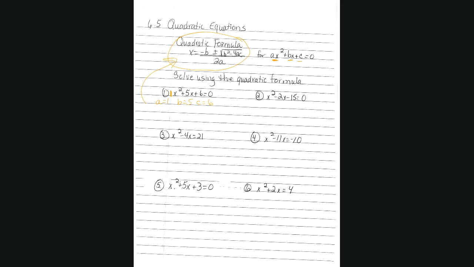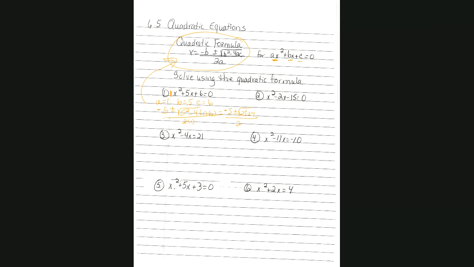So it would be negative b, which is first, negative 5 plus or minus the square root of b squared minus 4 times a times c, all over 2 times a. And that gives me negative 5 plus or minus the square root of 25 minus 20 all over 2.